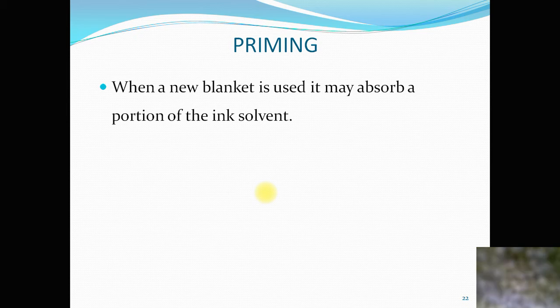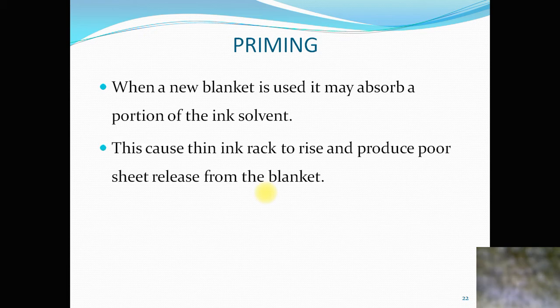So the blanket may absorb certain portions of the ink solvent. This causes thin ink rag to rise and produce smooth sheet release from the blanket. Because of this solvent absorption, the main characteristic of a blanket, that is sheet release capacity, will be reduced.